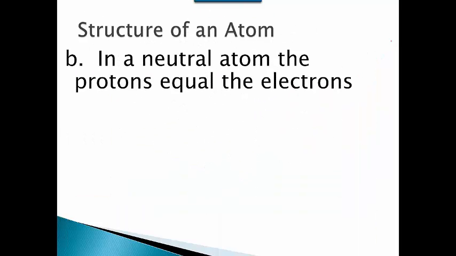In a neutral atom, neutral meaning that the atom doesn't have a charge to it, your protons have to equal your electrons. So if you have 7 protons, then you would have to have 7 electrons. Now remember, protons are positive and electrons are negative, so +7 and -7 equals 0.